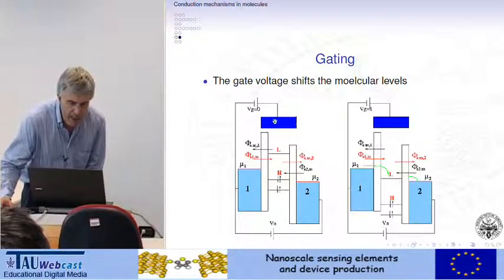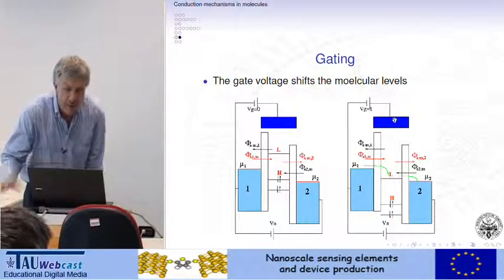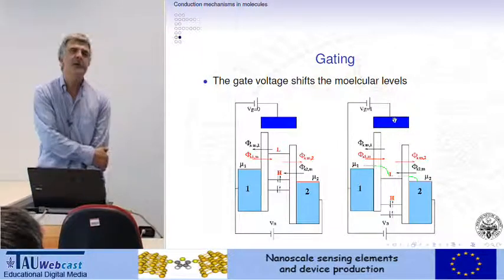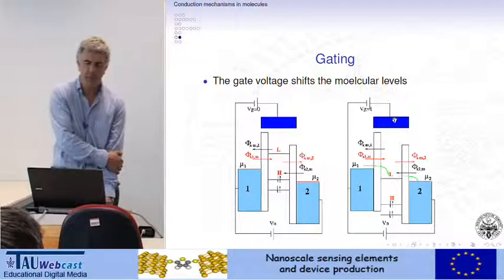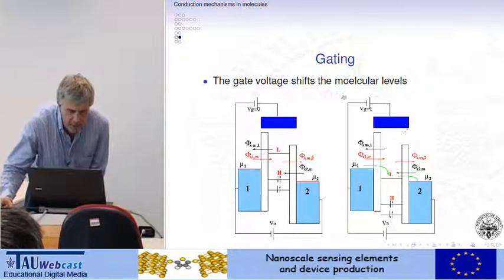Now we try to apply a potential here, for instance, a potential of 1 volt, and you know that this potential pushes down all the levels of the molecule. So what we can observe is that the external gate voltage will push all the levels of the molecule below.